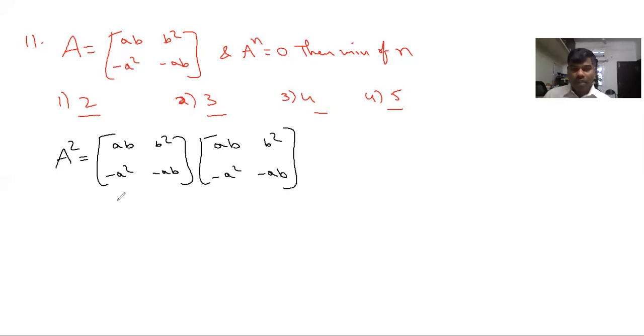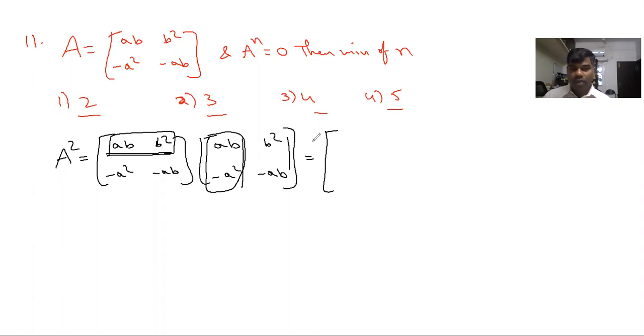See, in the multiplication, I'll tell it this way: catch the first row of the first matrix and multiply it with all the columns of the second matrix. First row, first column multiplied will give you the first row, first column element.